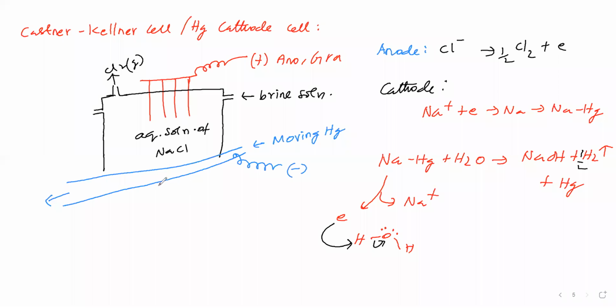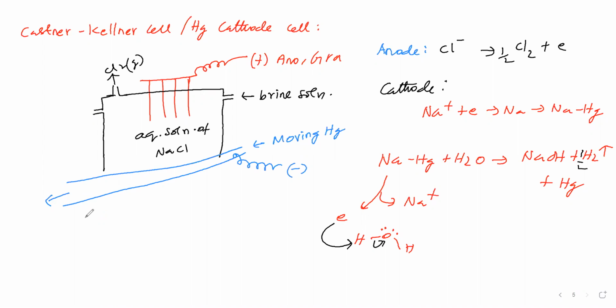If sodium stays here, it will react with water, no doubt. So sodium should not stay here. Therefore the slope arrangement is placed, and as soon as sodium is produced, it goes out immediately.